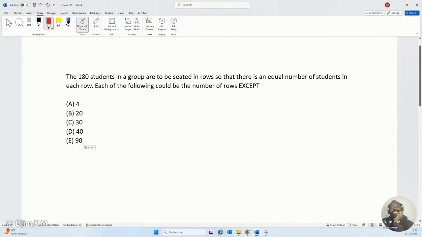180 students in a group are to be seated in rows so that there is an equal number of students in each row. Each of the following could be the number of rows except. Which one could be the number?